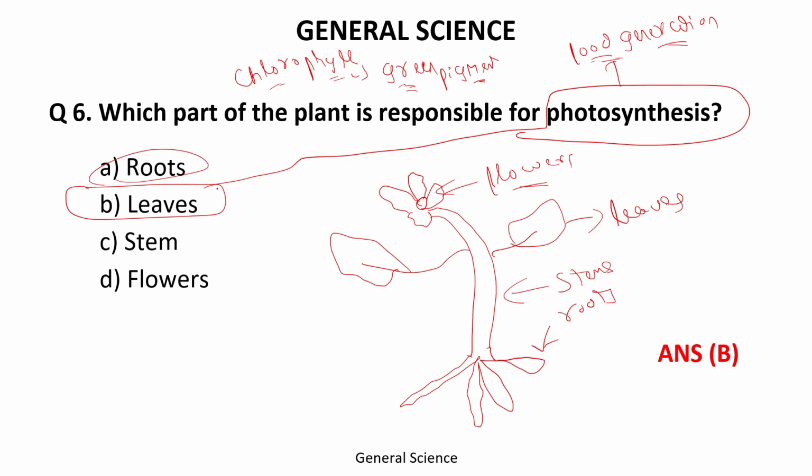Thereafter, if we talk about the roots, then roots are basically responsible for absorbing nutrients. Okay, let me write it down clearly. Leaves part you have understood. Now the roots basically absorb nutrients from soil.